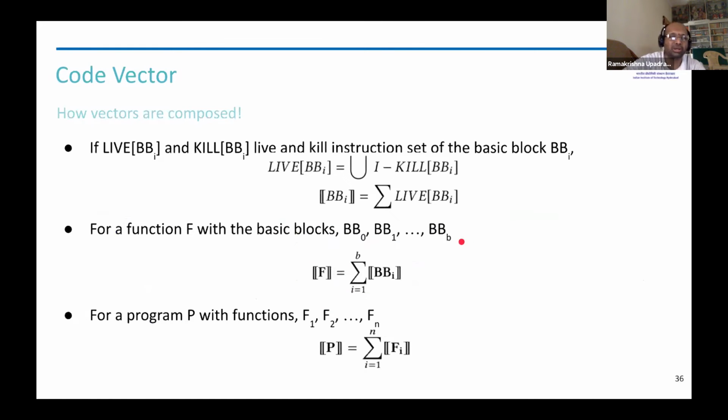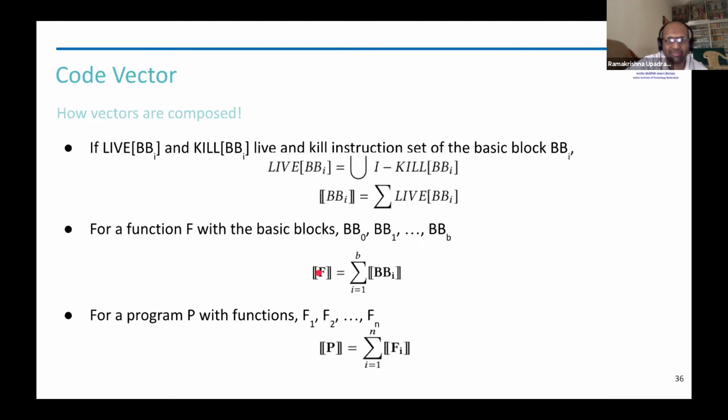And how vectors are composed, how the data kernels come into the picture. This is a little compiler-theoretic slide, but please bear with me. You have live variables and killed variables. They are very standard terminologies in compiler analysis, program analysis. Live variables are the instructions which are generated minus the ones which are killed, etc. For a basic block, you take the instructions that are live, and the vector for them will give you the vector for that particular basic block.